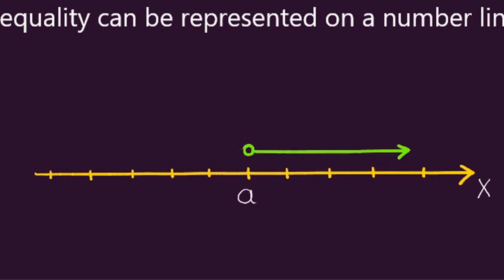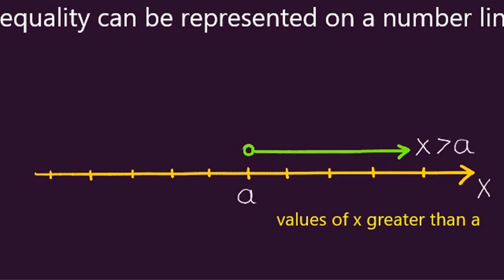It means we'll be talking about values of X that are greater than A. So this graph with an arrow pointing to the right represents values of X that are greater than A, and it's written like this using the greater than symbol. Values of X that are greater than A are written this way, using the greater than sign.